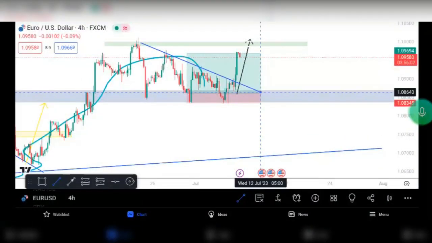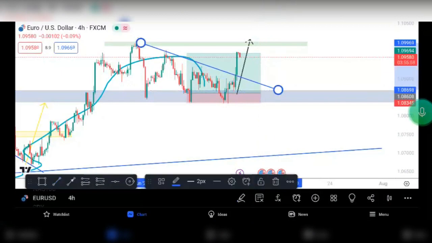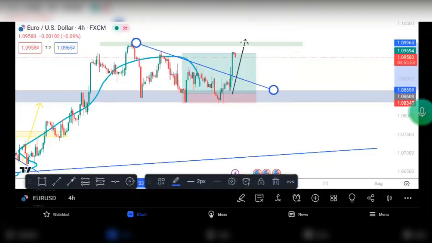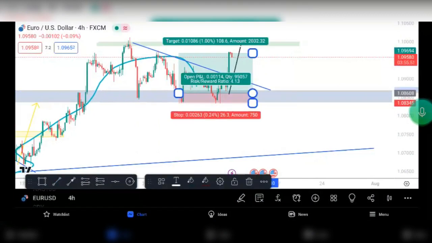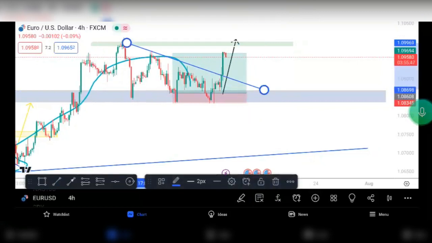If you connect your points properly in 4 hours time, you're supposed to be having what I have now as a trend line. What is the problem with this line?